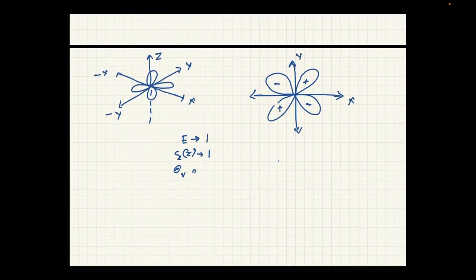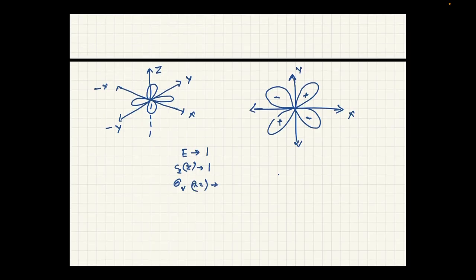Then sigma v xz. Sigma v xz means the vertical plane containing the x-axis and z-axis. The z-axis is above the plane, so let's consider the mirror is here, like this. Then this plus will get mirror imaged into here as plus, and minus will be here, but it will not generate an indistinguishable conformation.